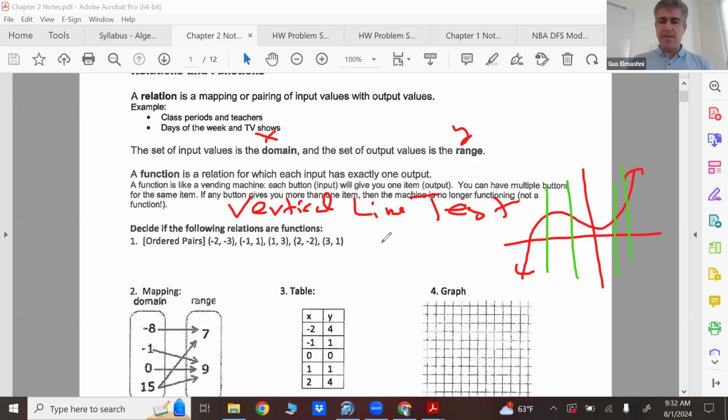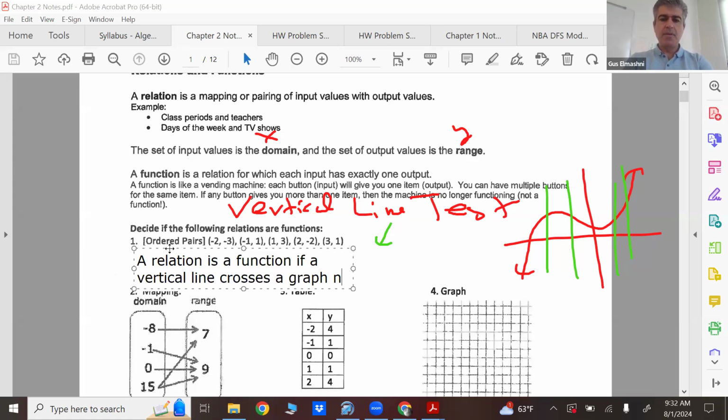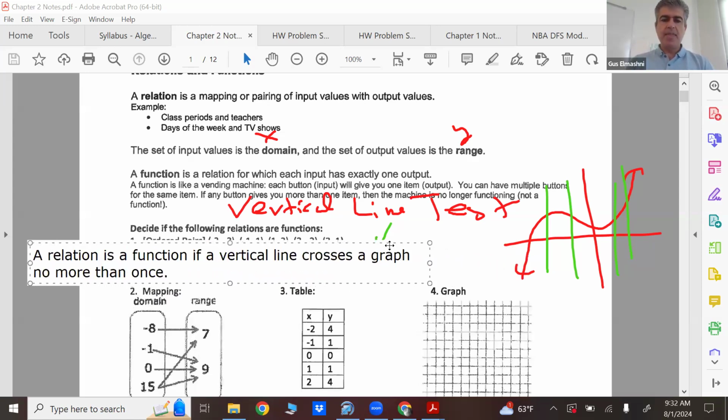So that's what the vertical line test tells us, that a relation is a function if a vertical line crosses the graph no more than once. That's how you know, because then it would guarantee it.